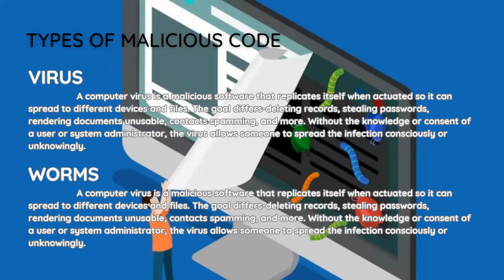Worm. Worms are also self-replicating and self-spreading code like viruses, but they do not require any further action to do so. Once a computer worm has arrived on your device, these malicious threats can execute entirely on their own, without any assistance from a user or program, which means they spread automatically from one device to another device which are connected in the same network.